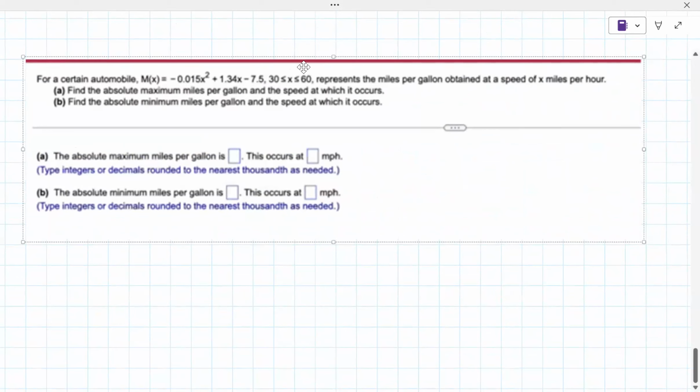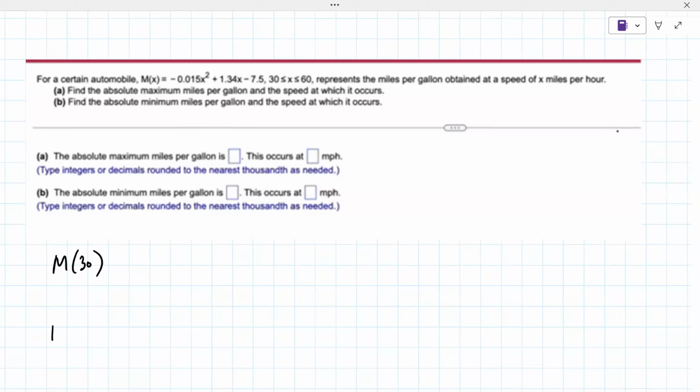They don't realize their fuel economy is better the slower they drive. But then you don't get there as quickly, so we have to consider that as well. So again, you want to evaluate at the two endpoints, and then we're again going to take a derivative, set it equal to 0, and evaluate there. But the first thing is to evaluate at 30 and at 60.